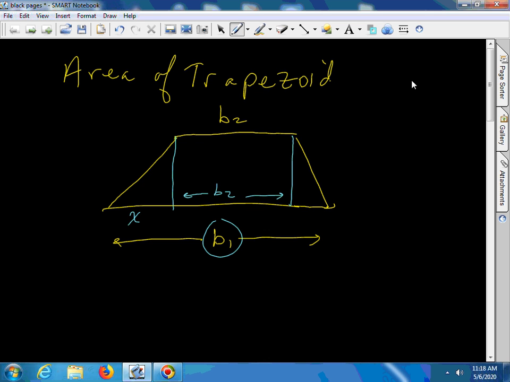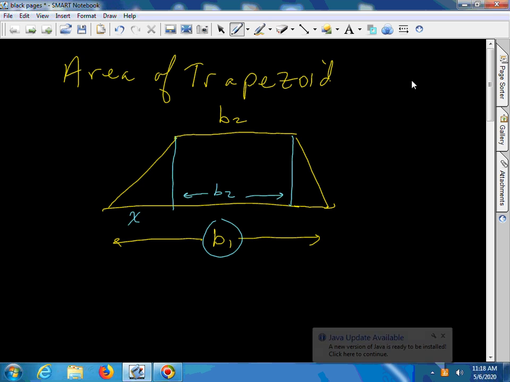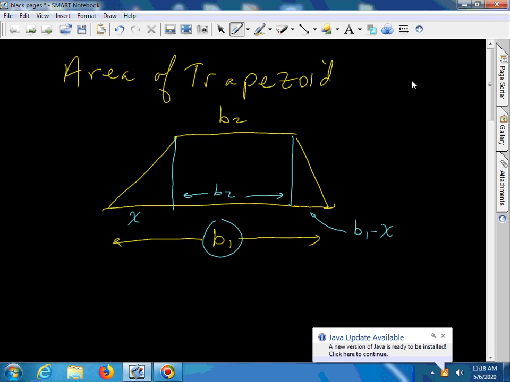So we're going to call this piece right here, well, it's the whole thing minus what we're not using. Well, it doesn't have X and it doesn't have B2. So it's B1 minus X minus B2.